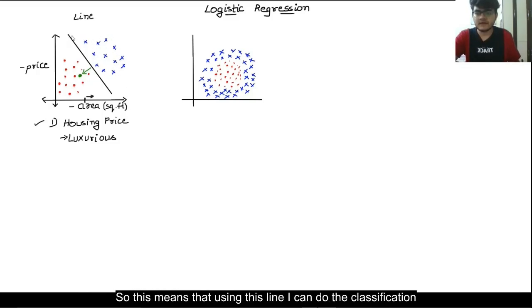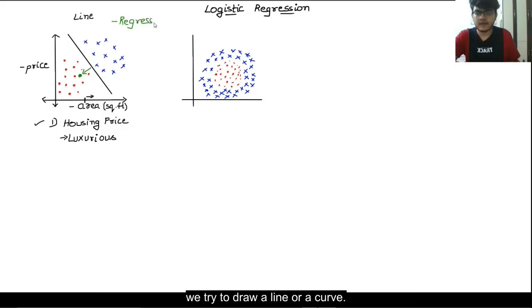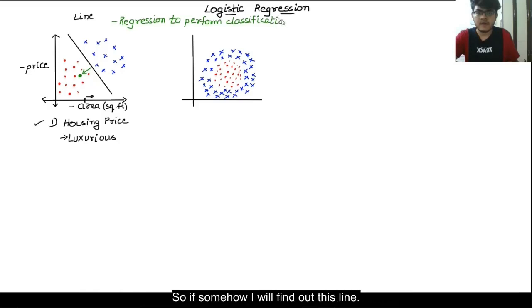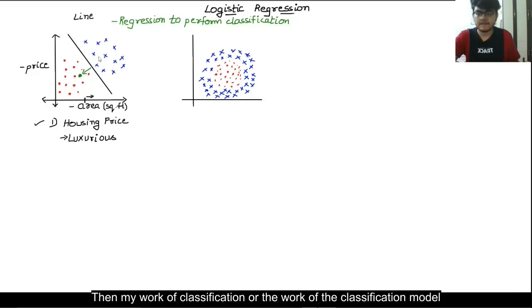So using this line, I can do the classification. We can draw an important point here: we can use regression, because in regression also we try to draw a line or a curve. So we will essentially use regression to perform classification. If somehow I find this line, then the work of the classification model has been accomplished.